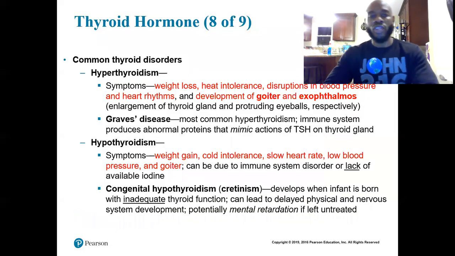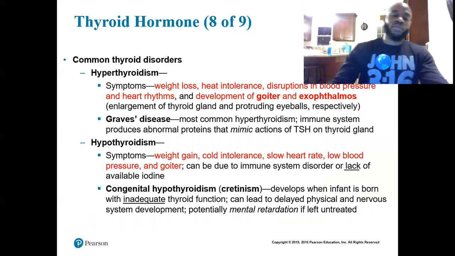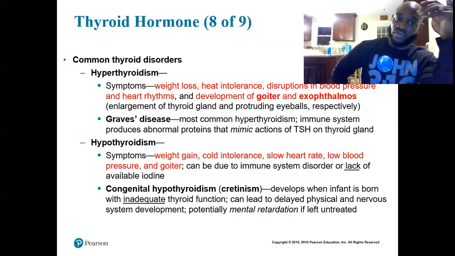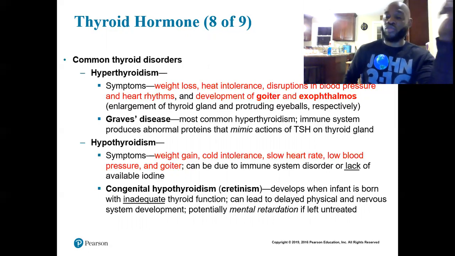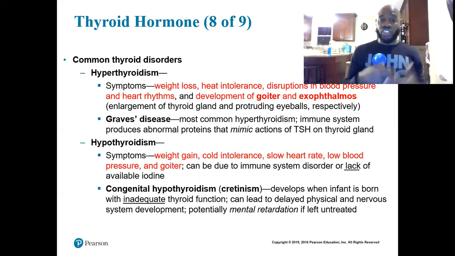A couple of things that can happen. You can have hyperthyroidism, hyper too much, hypo too little. So if I have too much action by my thyroid gland, too much T3 and T4, what happens? If activity from my thyroid warms me up and increases my metabolism, and I have too much, then I could have weight loss because I'm burning too much energy.